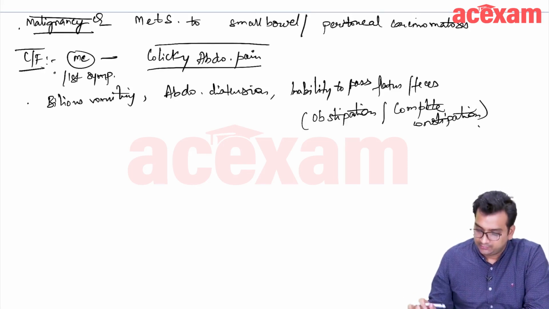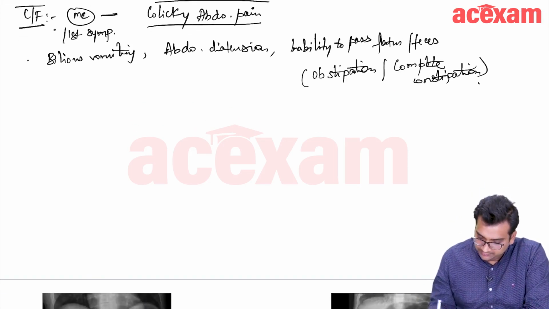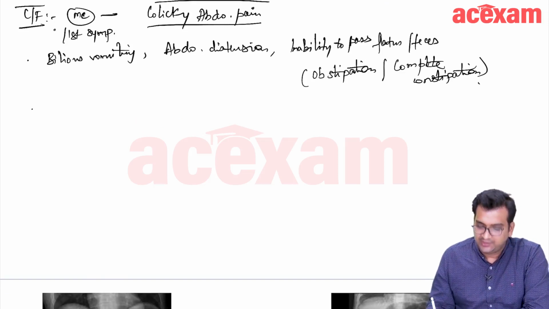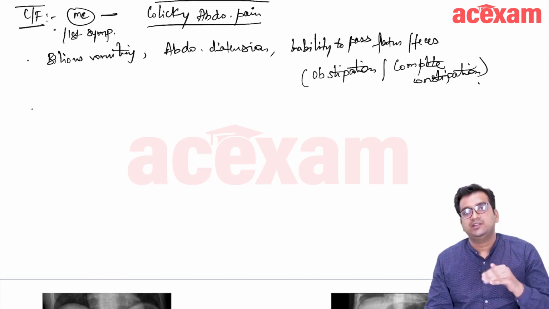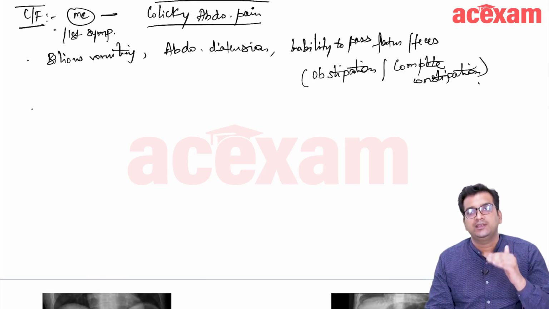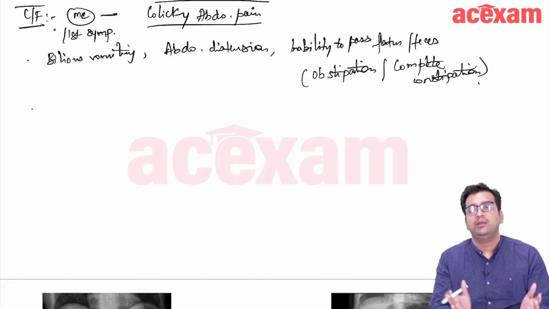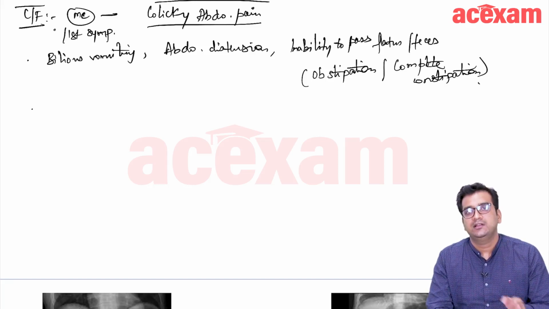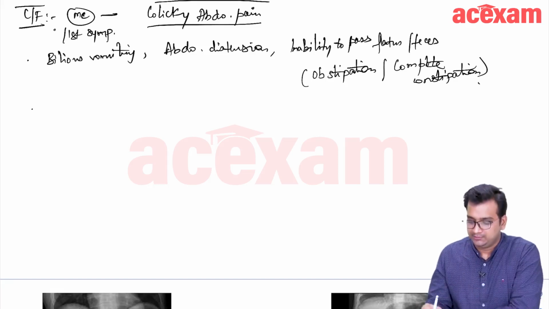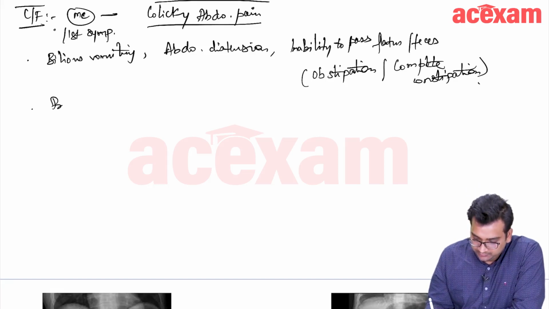Okay. Now, whenever the obstruction is in the proximal small bowel, there will be more vomiting and less abdominal distension. Whenever the obstruction is in the distal small bowel, there will be more abdominal distension and less vomiting. Okay, this is important.